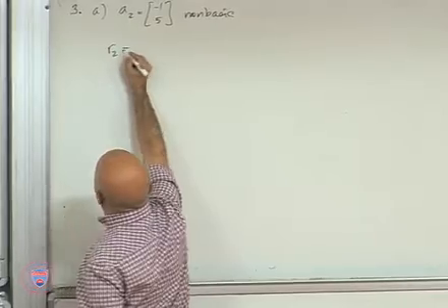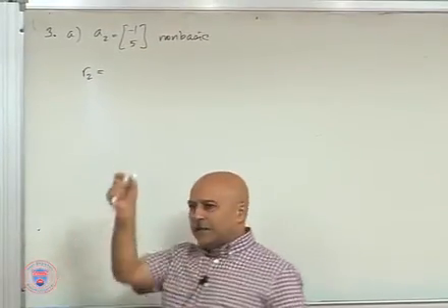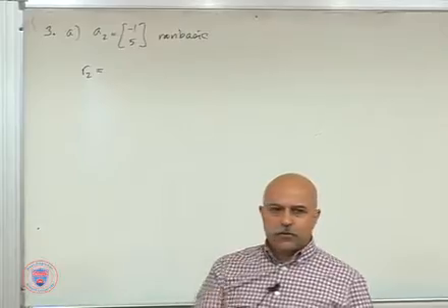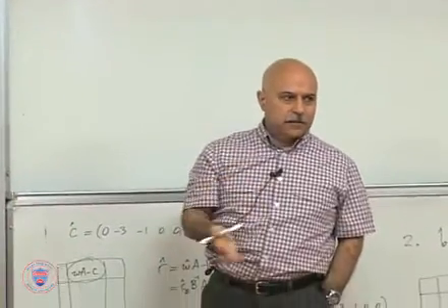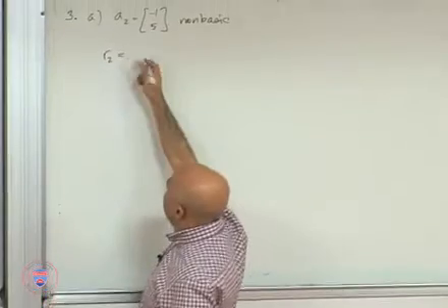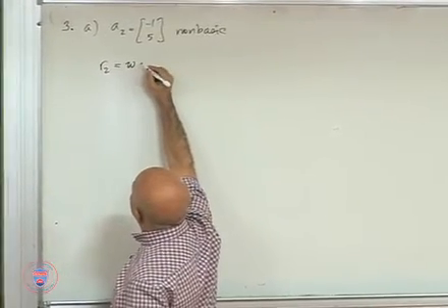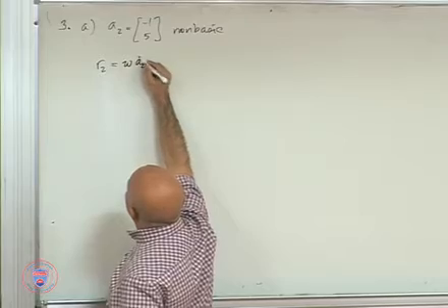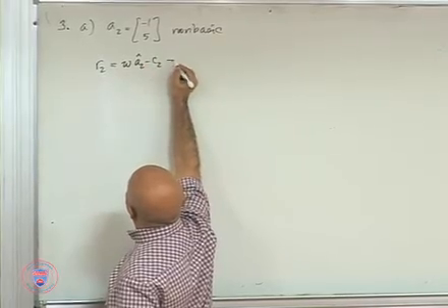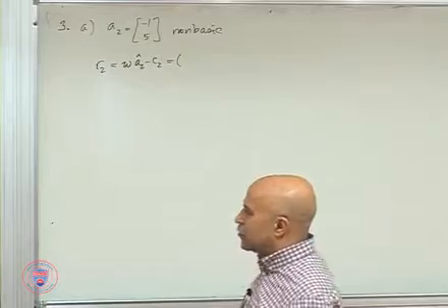You need to compute R2. Well, the column associated with X2 in the optimum tableau is affected by this. So you need to revise. To revise that, you compute R2 first, which is the old W times A2 cap minus C2. How much is W? Minus 2, 0.